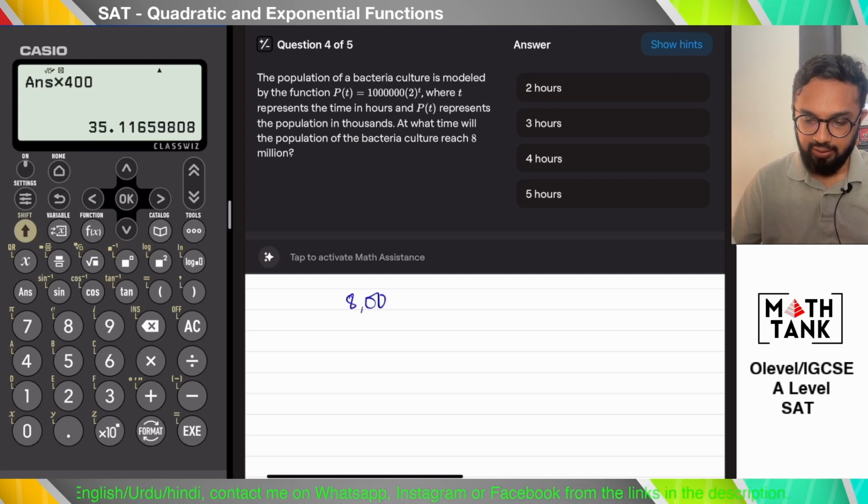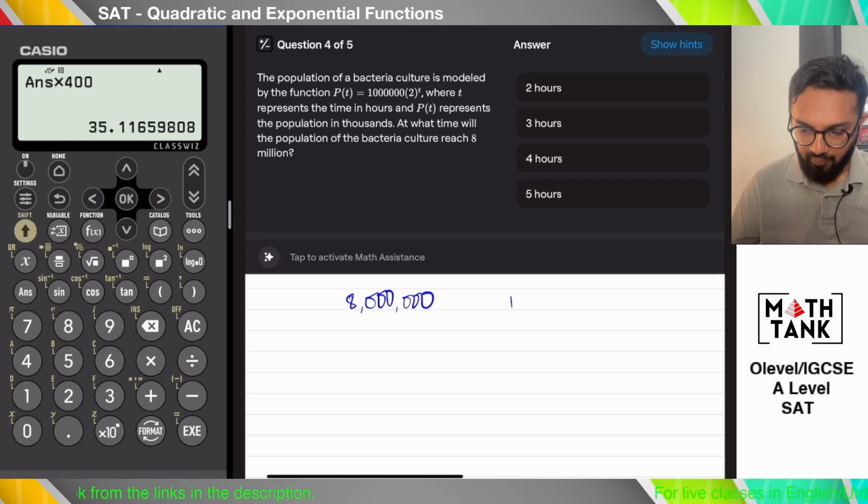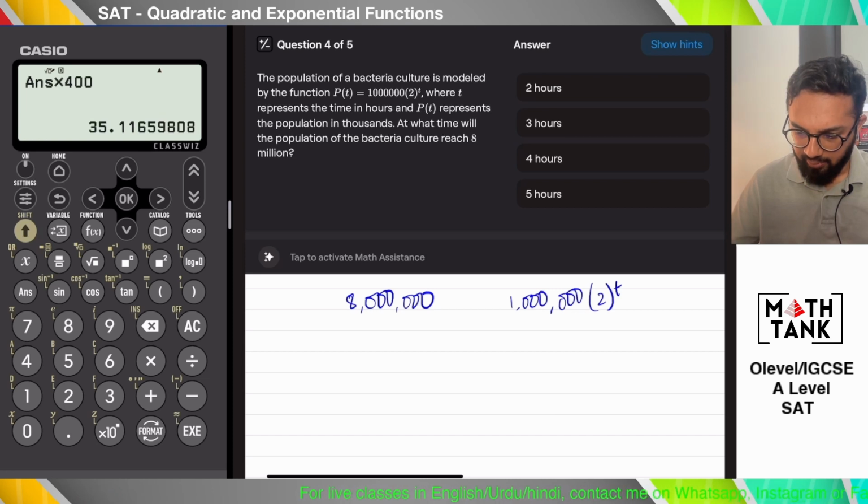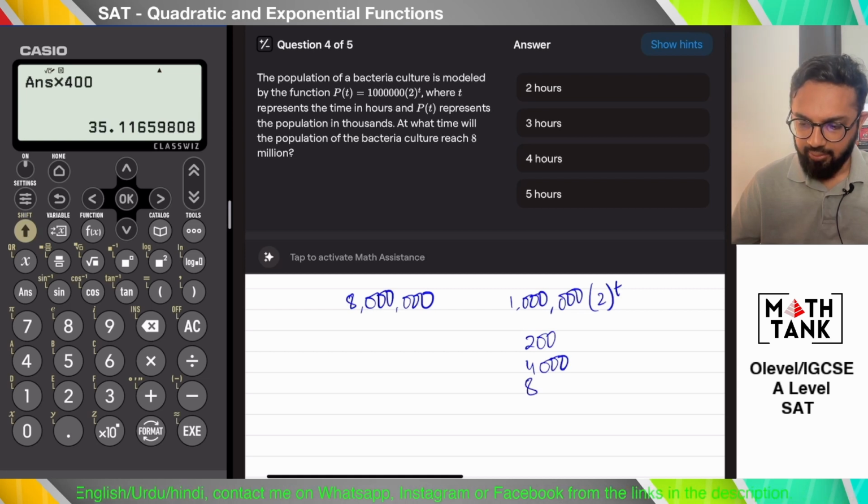So 8 million is this. I don't know if this is supposed to represent thousands though. I think there's already 1 million written here. So 1 million would become 2 million in 1 hour, 4 million in the second hour, and 8 million in the third hour.